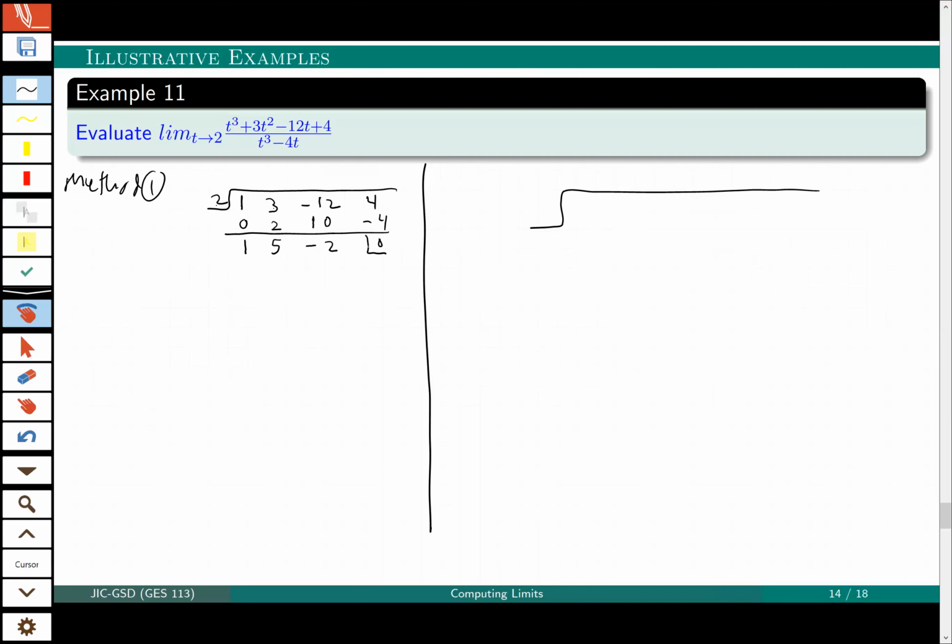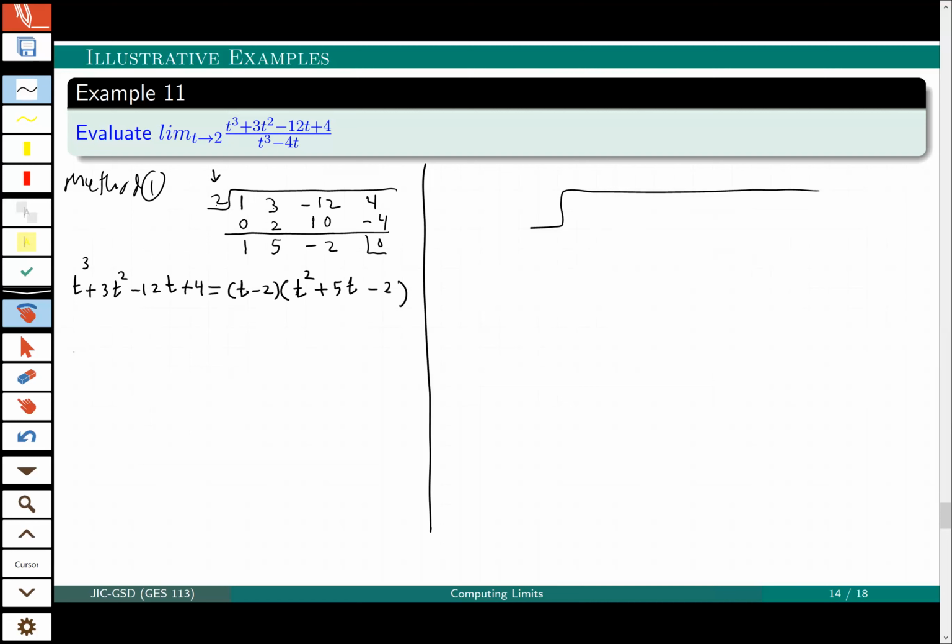Which means I can write the polynomial t cubed plus 3t squared minus 12t plus 4 as the divisor, which is t minus 2, that comes from here, times the result of the division. We decrease it 1 degree, so it will be t squared plus 5t minus 2.